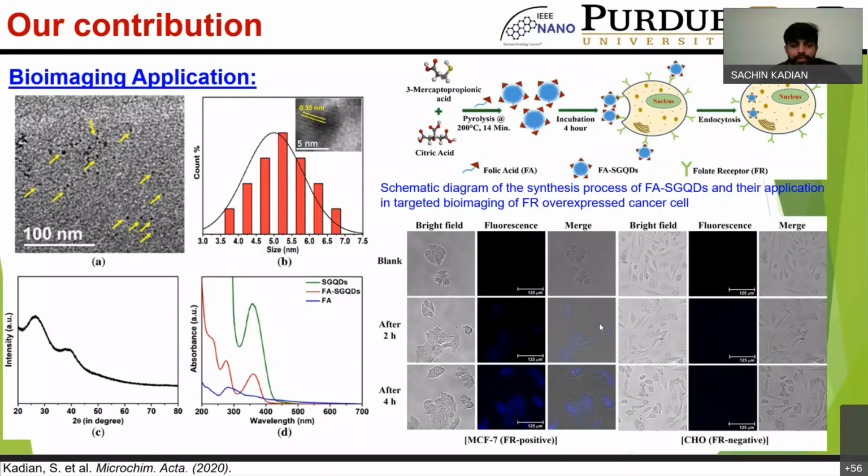RGO is reduced graphene oxide, and graphene quantum dots are oxygen-enriched graphene sheets, if you would say. RGO could be larger sheets, but GQDs would be smaller in size, a few hundred or less than 100 nanometers.